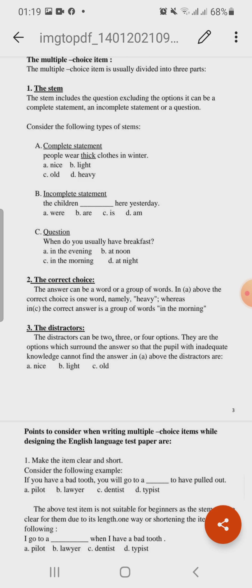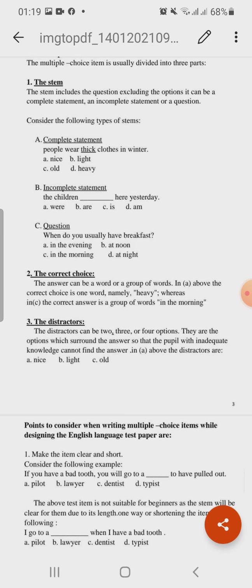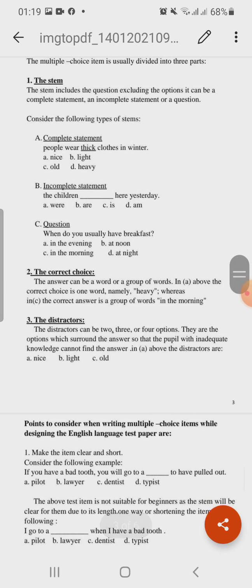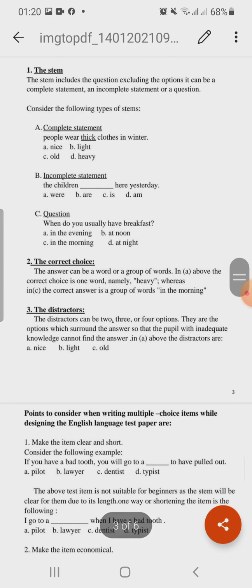Notice, A: complete statement، يعني هنا اختيار من المتعدد. People wear thick clothes in winter. Nice, light, old and heavy. Which one suits the word thick? B: incomplete statement، الجملة غير الكاملة.